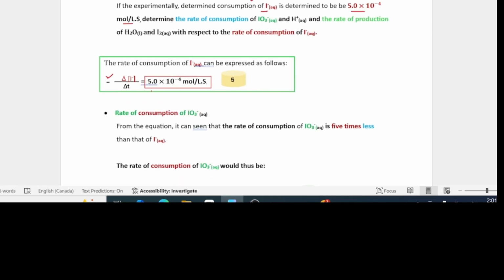This is how the rate of consumption of iodide ion is being represented. Because it is a reactant, that negative is placed in front of this expression here, and its rate is given, okay? Now we look at the rate of consumption of iodate ions. You get the expression for iodate ions, delta iodate ion over delta t, but you must put that negative sign in front.